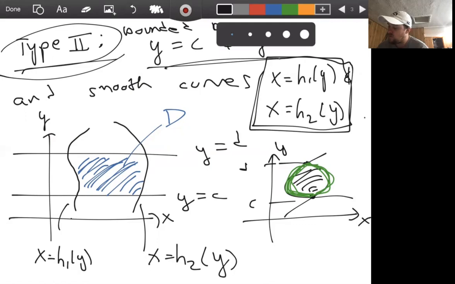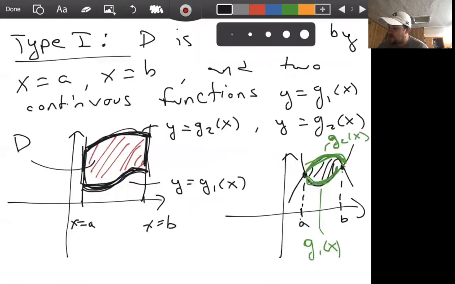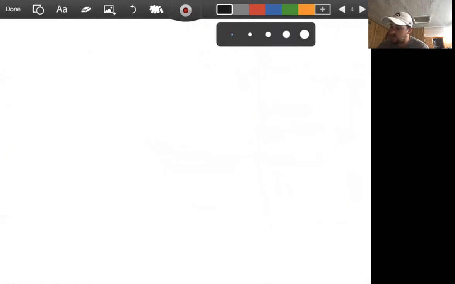And I want to make a remark here, that sometimes you can express a region as type 1 or type 2, and depending on the region itself and what you're integrating, it could result in an easier integral expressing it as either a type 1 or a type 2.